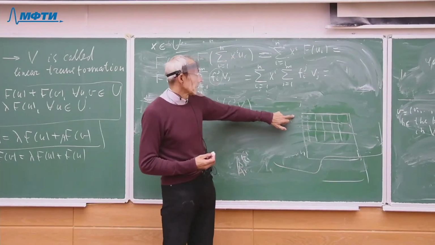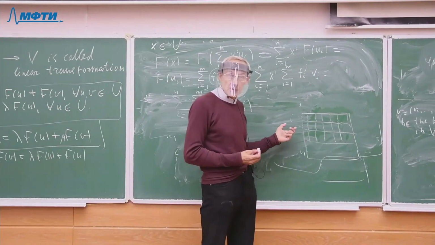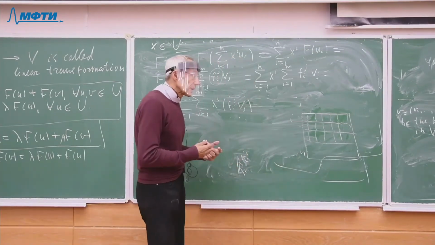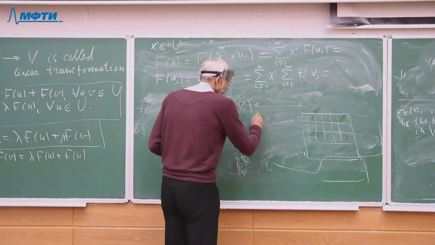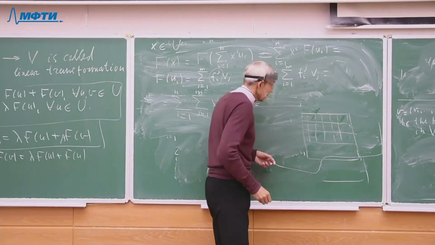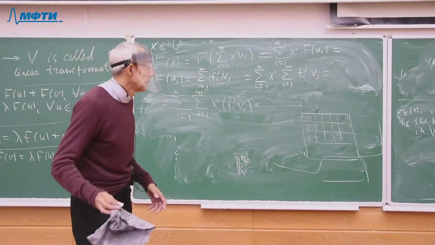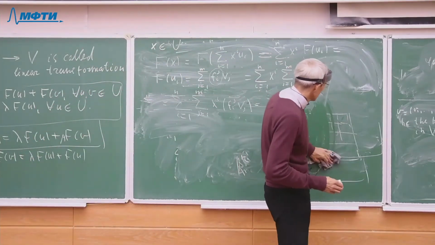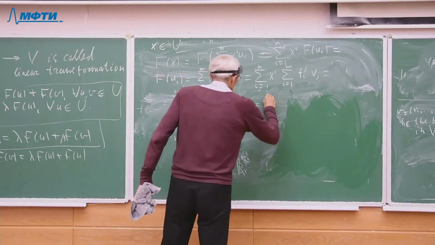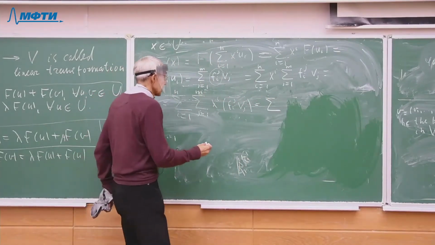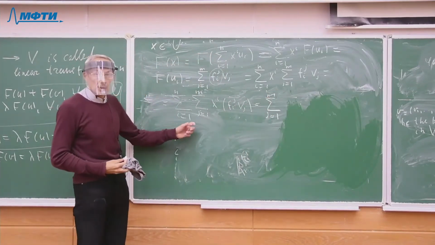I add the sum of the first row to the sum of the second row, and I obtain the sum of all elements of this matrix. But I can change the order of summands. First of all, I can obtain the sums in the columns, and after that add the sum of the first column to the second and the others. And after that, I obtain the following sum. I change the order of summands.